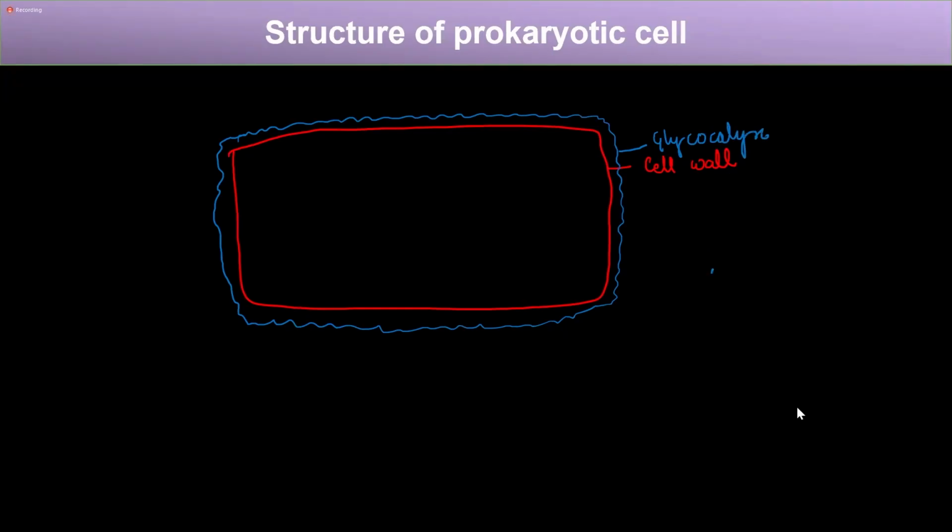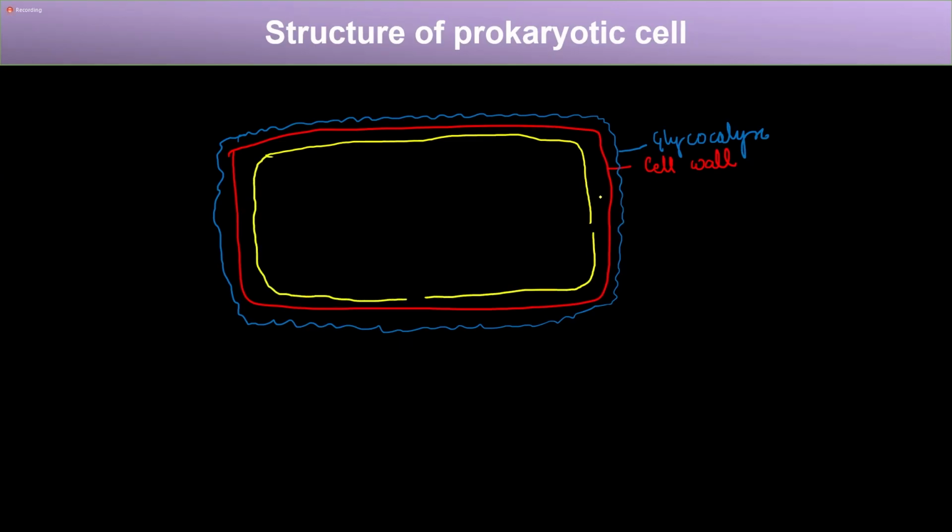Apart from this, the bacteria also has an inner layer, just like we studied in all types of cells. So it has an innermost boundary, you can say. And this innermost boundary is known as plasma membrane or cell membrane.